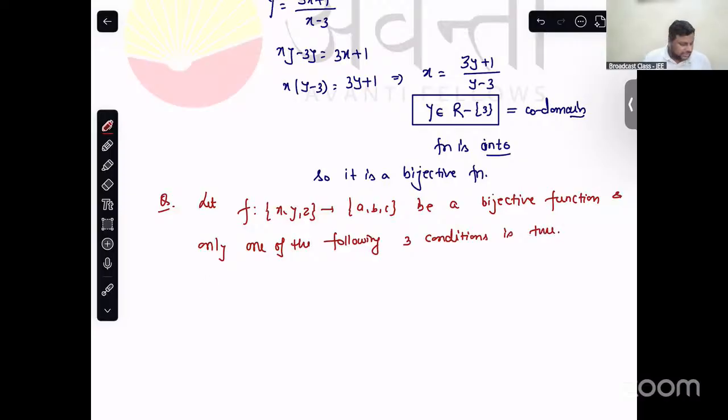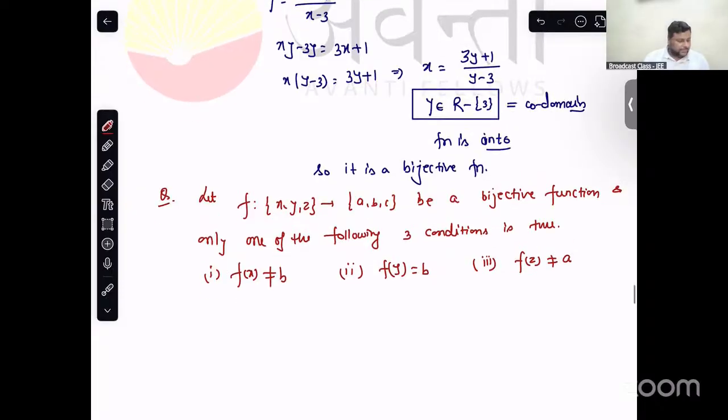The three conditions are: first, f(x) not equal to b; second, f(y) equals b; and third, f(z) not equal to a. Only one of these three conditions is correct. Find the function.